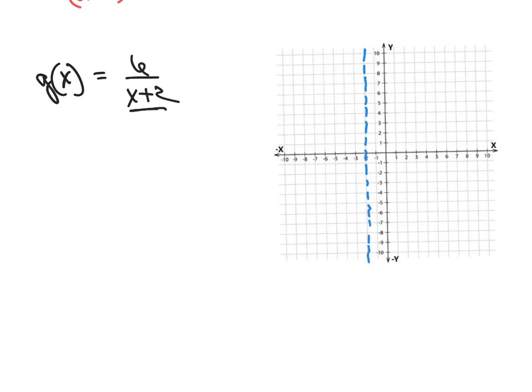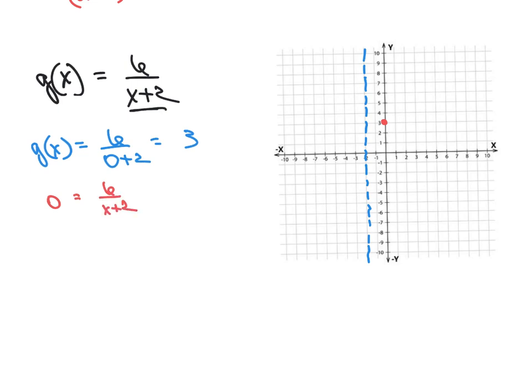Then we find out what happens if my x is 0. And that gives me 3. So I know it crosses the y-axis at 3. Okay, next question is, what happens if I make my y 0?